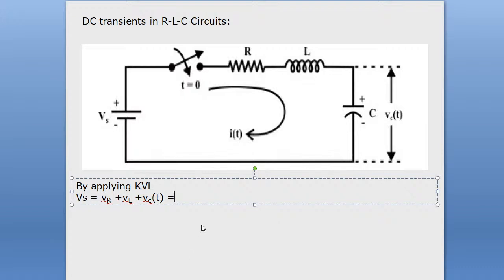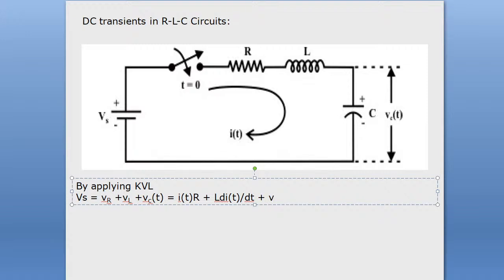Let me write it. We can write VR equal to i(t) times R, plus VL equal to L di(t)/dt, and the voltage drop across the capacitor is VC.